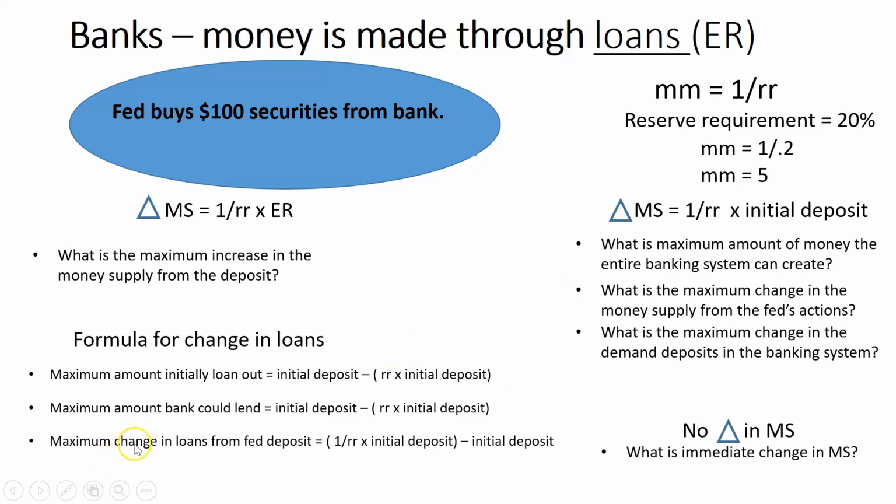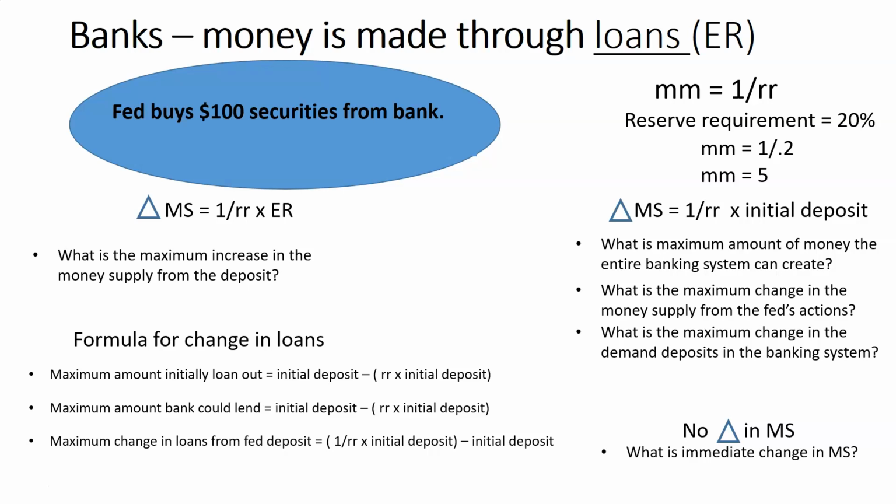It didn't ask how much could be loaned out, because then it would be the total amount, but it's asking about the change in loans. And so that's where you have to subtract out the initial deposit from that. And so it would be 1 over the reserve requirement times 100, which is 500, minus another 100. And so that would give you 400.